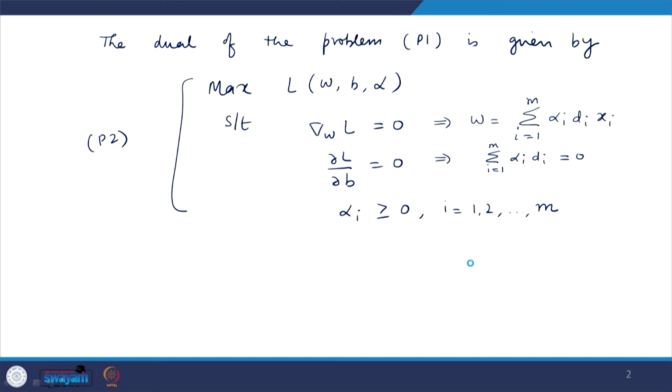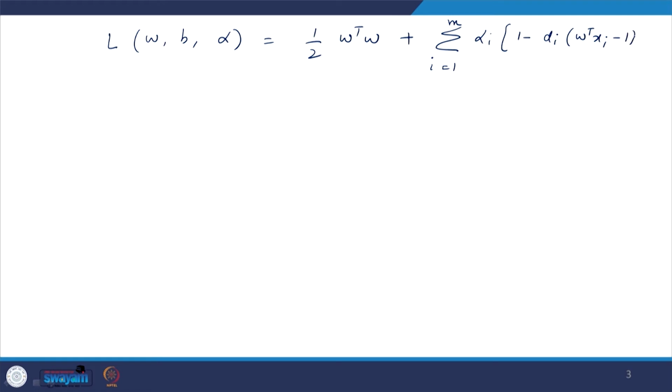So, what is the objective function now? Let us see the objective function. The objective function is L, which is a function of W, B and alpha. It is nothing but 1 by 2 W transpose W plus summation i from 1 to m alpha_i (1 minus d_i (W transpose x_i minus b)).